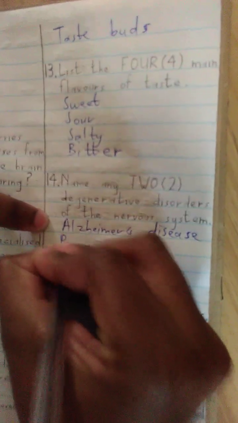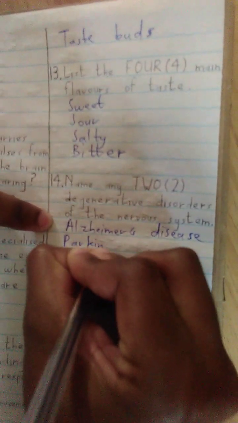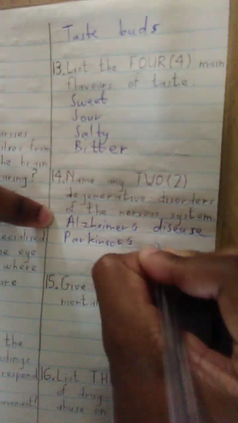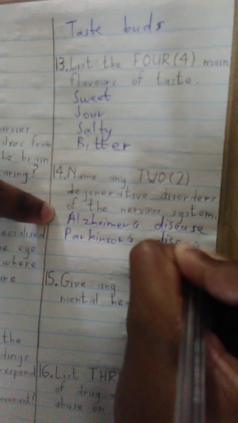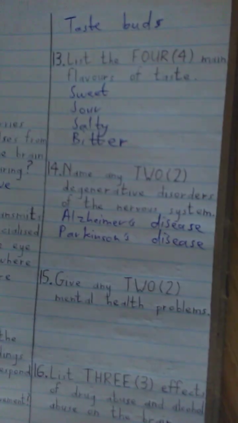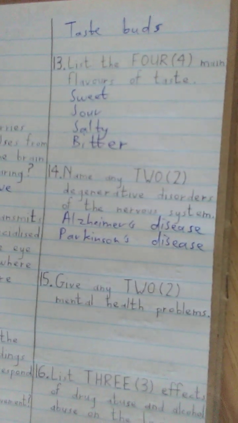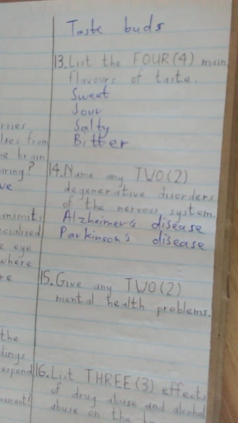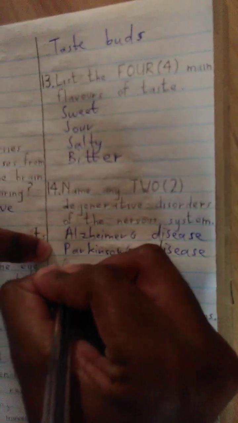And then you have Parkinson's disease. So Parkinson's disease causes that rigid movement, right? Movement is no longer coordinated in muscles. And then you have multiple sclerosis.